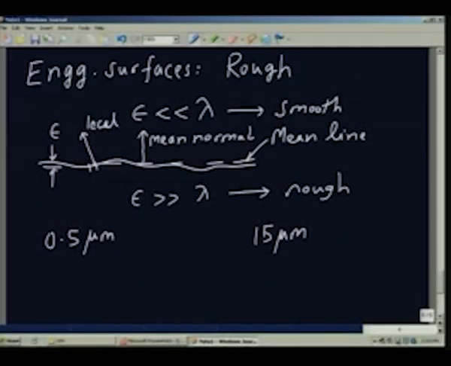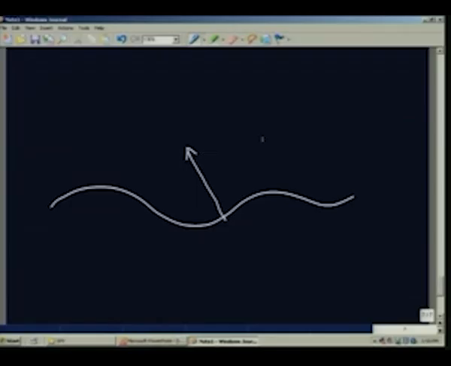the direction of the local normal will keep varying, and therefore, let me make a separate sketch and show what may be happening. So, suppose I exaggerate somewhat, suppose this is the surface, and suppose I draw the normal here, it is like this, here the normal is like this, and here the normal is like this. Suppose I have a parallel radiation falling on it in this direction, this will be reflected like this.